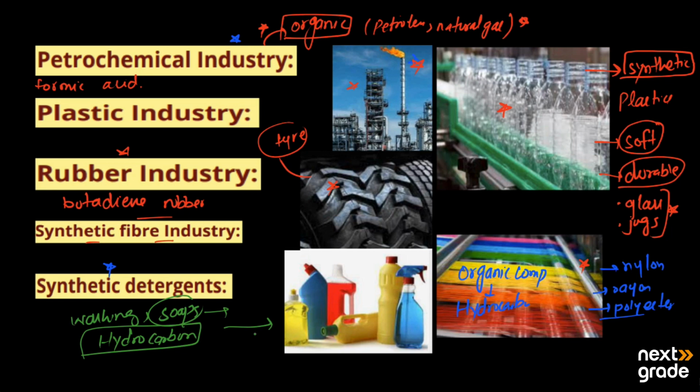Detergents have better and stronger cleaning properties compared to soaps. They can also work even in the presence of hard water. That's why they are more important and they can be prepared by the use of hydrocarbons.